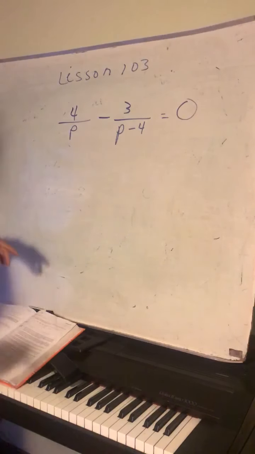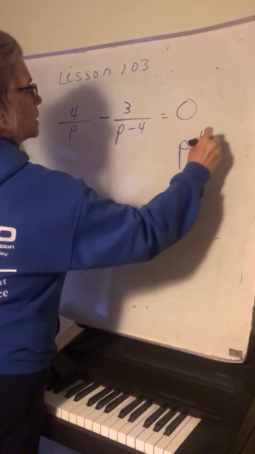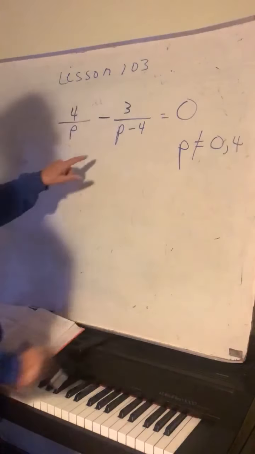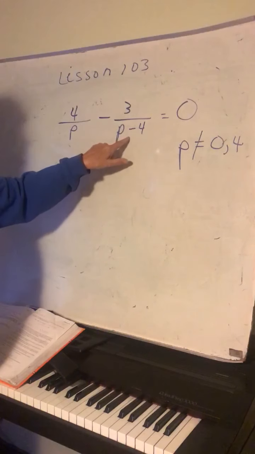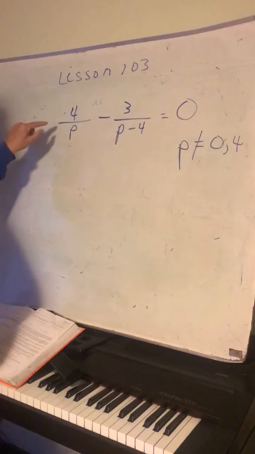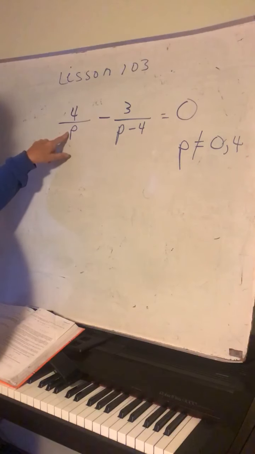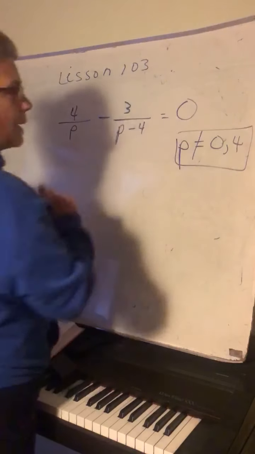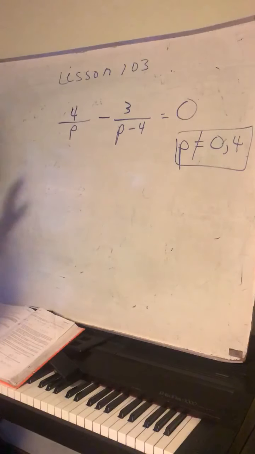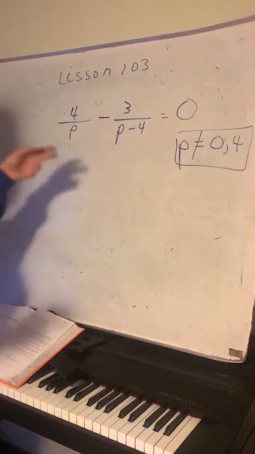Well, it can't be equal to 0 for this one. p cannot be equal to 0 or 4. If you have a 4 here, you get a 0 on the bottom, a denominator of 0. That is not able to be done. If you get a 0 here, same thing. So these are the two that will not be solutions. When you solve this, if you end up with those as solutions, they are not solutions.